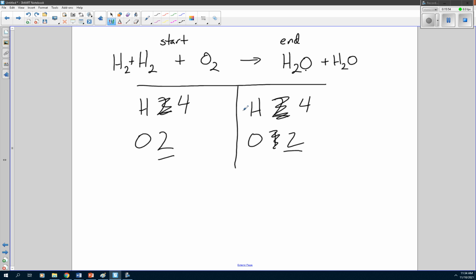And now my formula is balanced, right? So I'll even write in the word balanced. So balanced, we're good, smiley face, except, well, you can simplify this, right? In chemistry, instead of saying H2 plus H2, we figure out that, well, the easier way to write this is to not write both of them in, but instead use a coefficient.